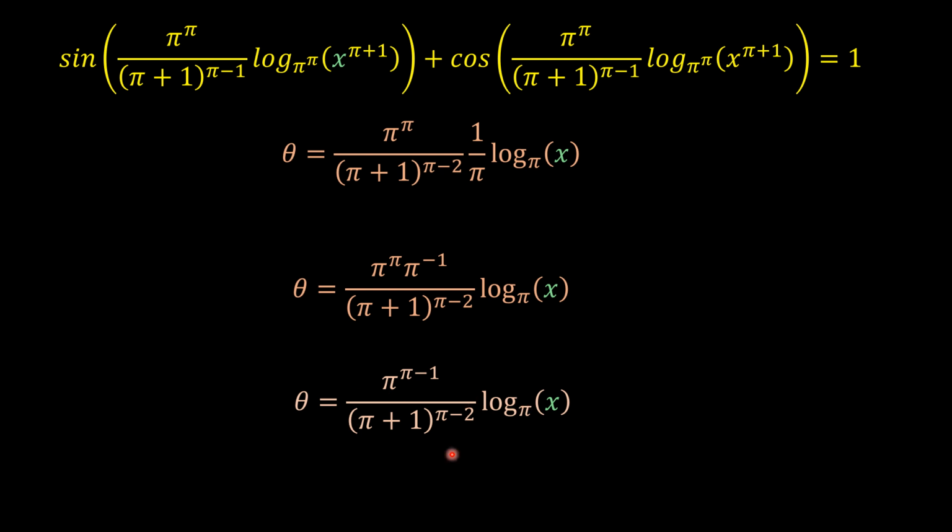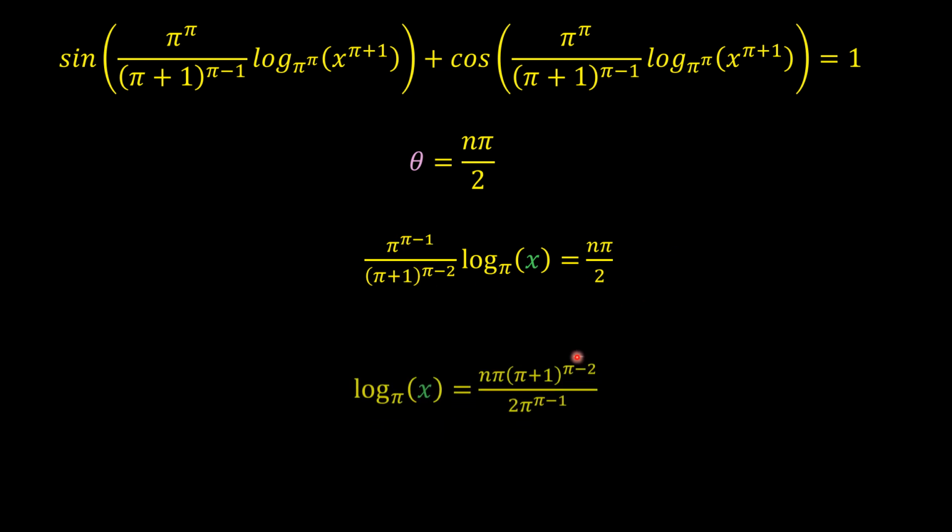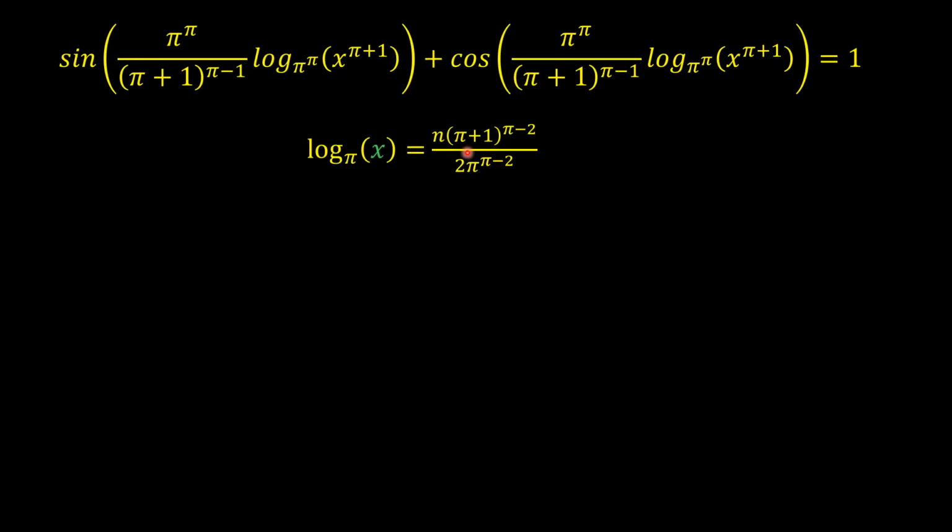And now we're going to replace the value of what we found as theta, right? So we said that theta is n pi over 2, right? So then we got this value, which we were simplifying before, as theta. And then I'm going to send this one multiplying here and this one dividing here. So this one here came here multiplying, and this one here came here dividing, right? And then we got this one here. Sorry, my apologies.